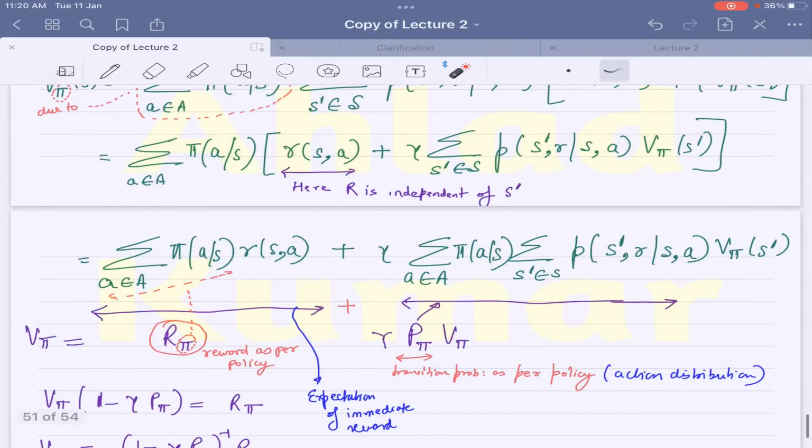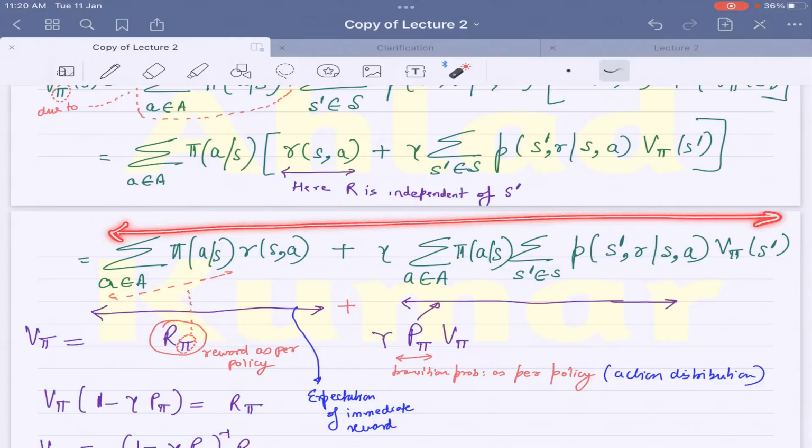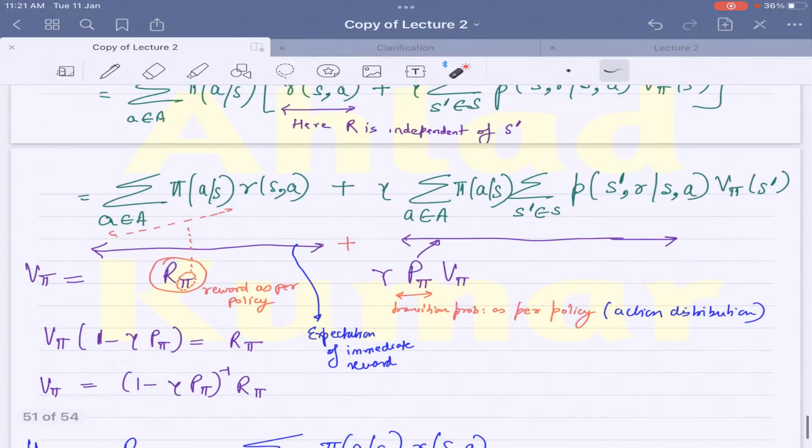And now you can actually multiply this summation to both of these terms, so you will get this particular expression. And here what you observe is that in the earlier case, in case of Markov reward process, there was no such factor involved, it was only this factor with no actions, but now we have actions along with the factor which is over here.